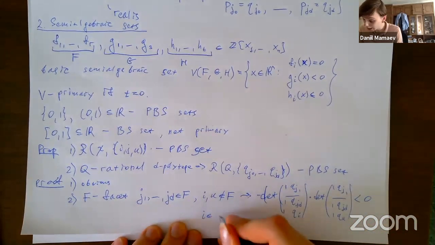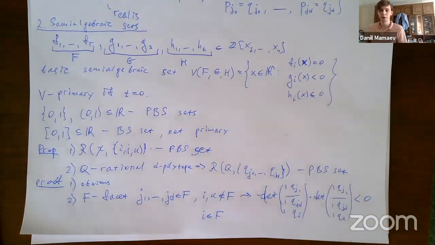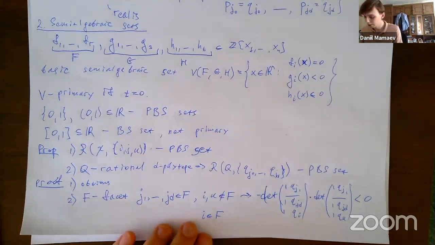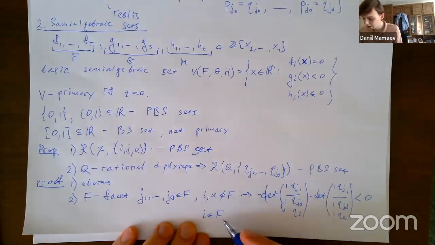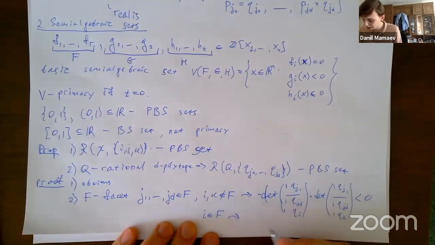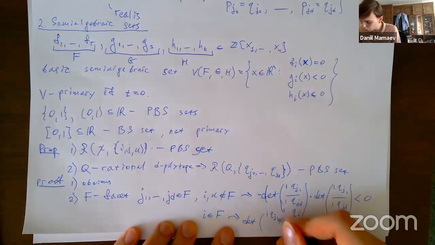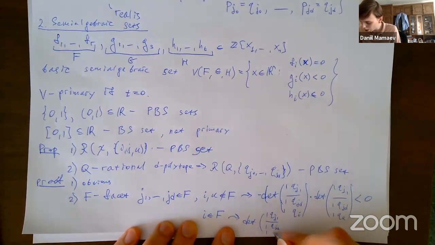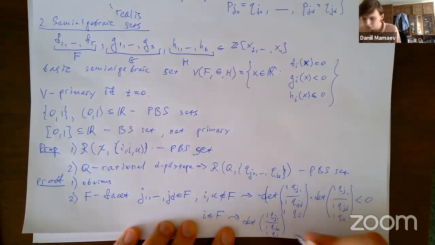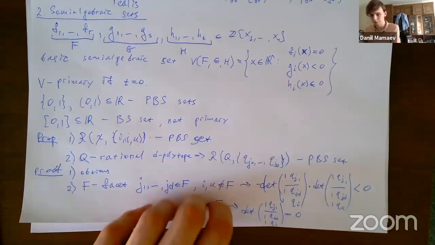Yeah, and also we need to say that some vertices lie on the same facet. So if we take indices from the same facet, then the corresponding determinant, Qj1 and so on, Qjd1, Qi, should be equal to 0.